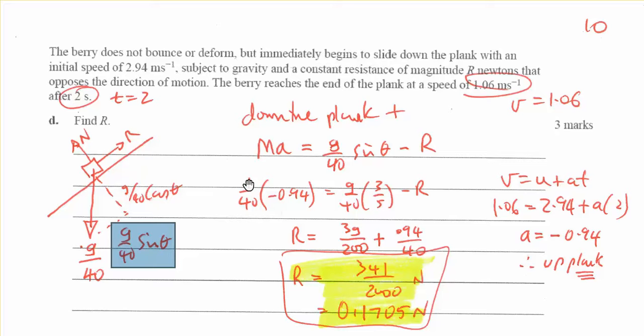My mass is 1/40th, my acceleration, because I know that my velocity went from 2.94 down to 1.06 after 2 seconds, I've used this rule to find out my acceleration. And then I've put that in here. And I've solved for r, and this is going to be my r value.